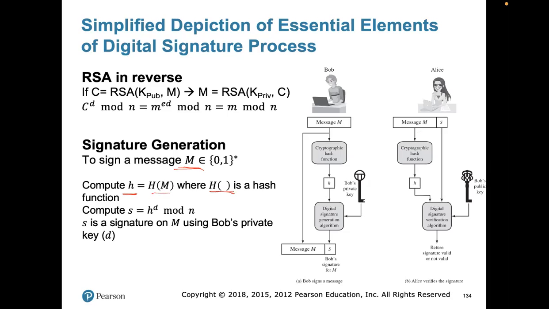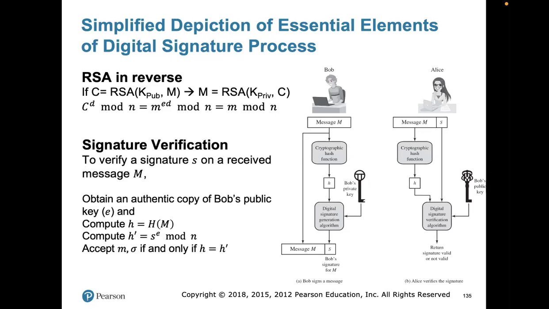It's not required. And then this is the signature, which is the hash H of our message to the power of D, which is the private key of Bob, mod N. And this is going to be the signature. And we send the signature to the second party.